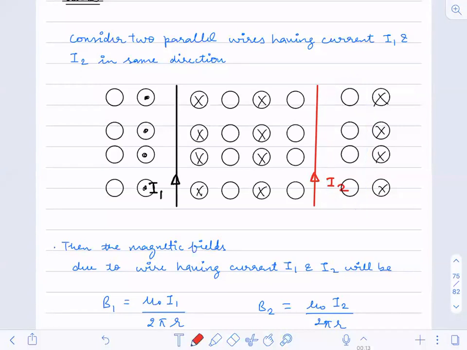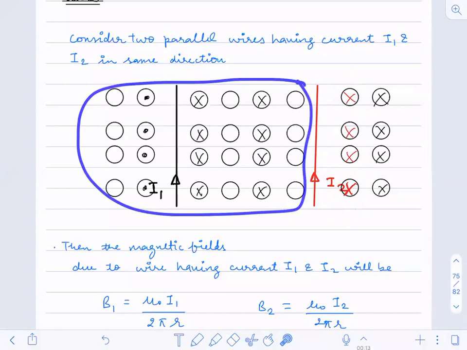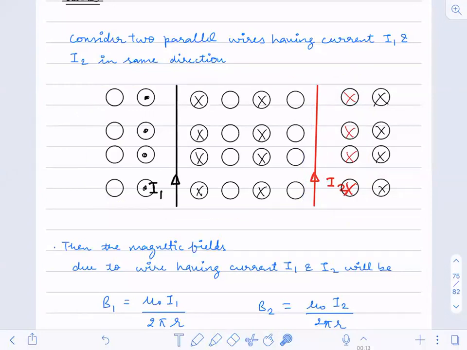So it is inward over here. Fine. Now, for the points lying in this region due to the red colored wire, what is the direction? Is it outward or is it inward? Yes, it is outward. It will be outward like this. Is it okay?